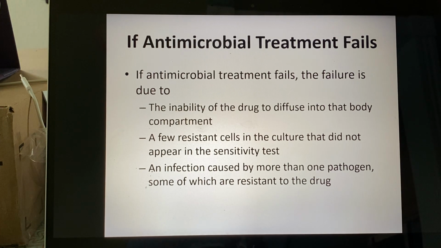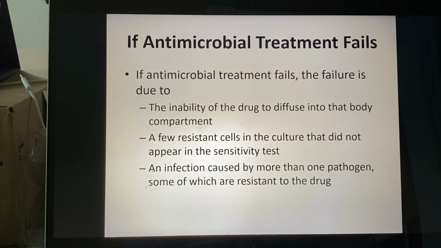Even something as simple as your sinuses: if you get a sinus infection, sinuses are actually a really hard place to get antibiotics to reach. They're not very vascularized, so sometimes that's the problem. Also, there can be a few resistant cells that just happen to be there by genetic mutation, and now they're going to overgrow.